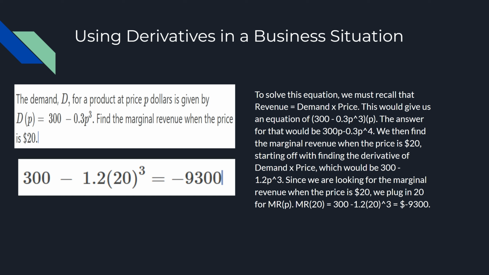And now that we have our derivative function, we then plug in 20 for the marginal revenue, which would give us 300 minus 1.2 times 20 to the power of 3. And that would give us a marginal revenue of negative $9,300.